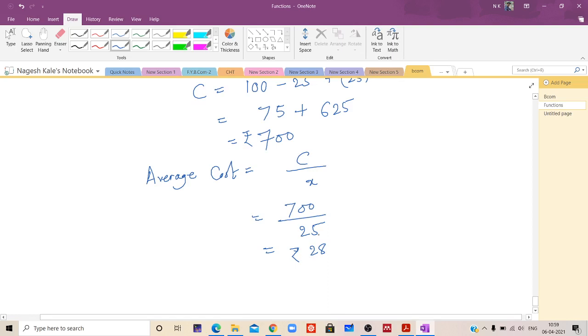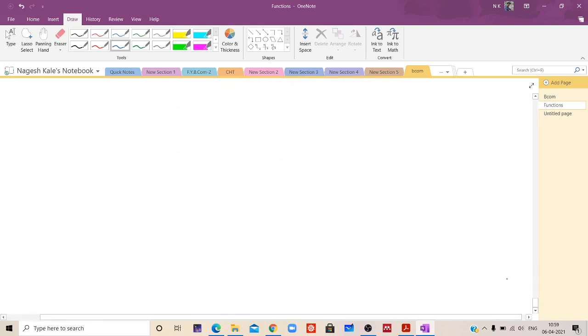Fine. So similarly, you can solve many more examples based on total cost and average cost. I'm giving you one example here, and you have to attempt it as homework. The question is the same: you have to calculate total cost and average cost.